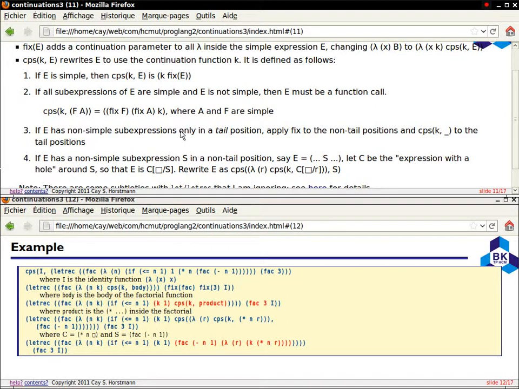This is not the same, of fix, but not of factorial. We're not considering this sub-expression as factorial. Tail, fix to the non-tail. Yes. Why would I put the fix in here? Oh yeah. Look.